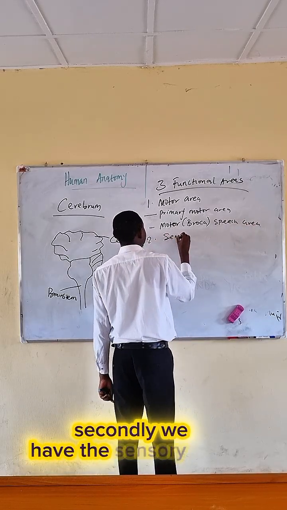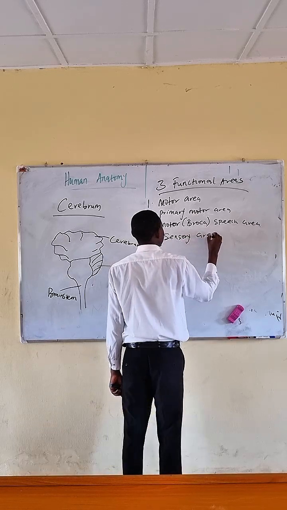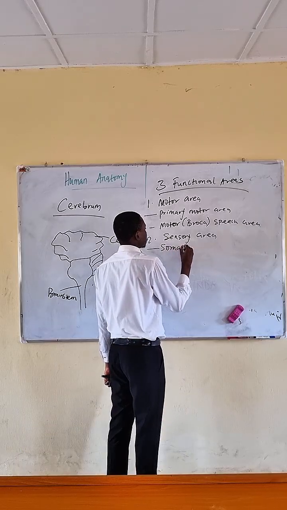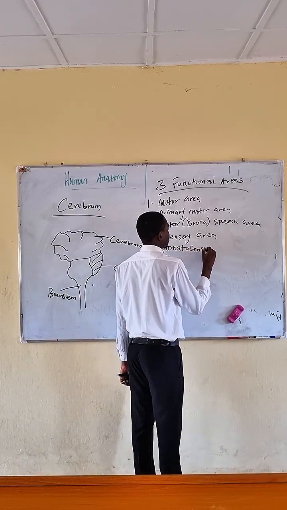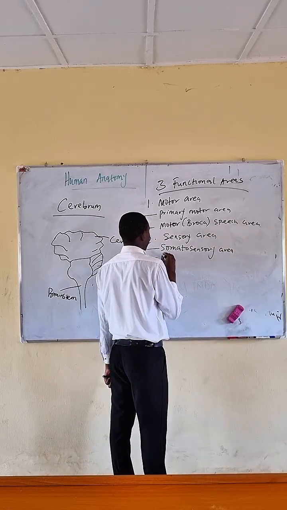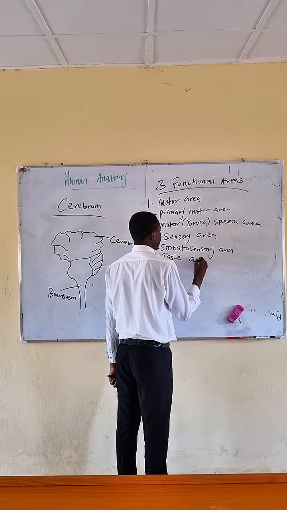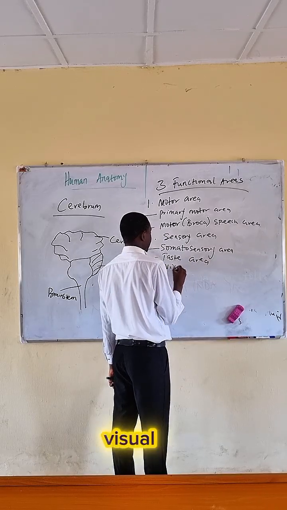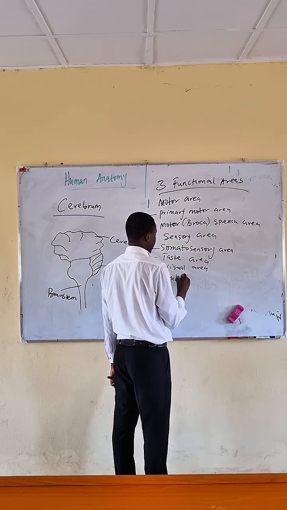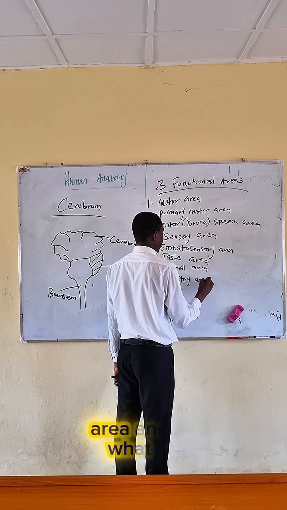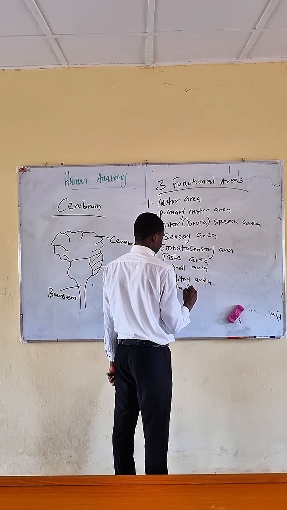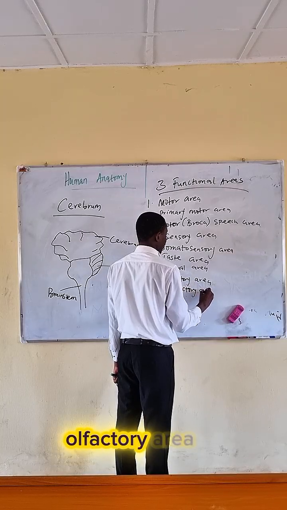Secondly, we have the sensory area, which is composed of the somatosensory area, taste area, visual area, auditory area, and lastly, olfactory area.